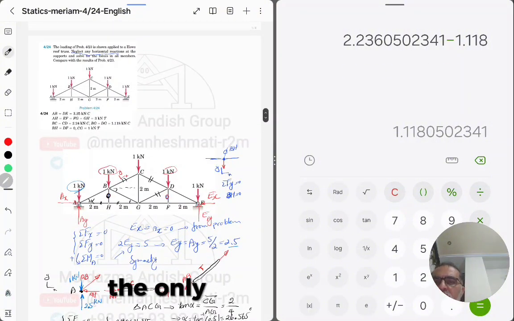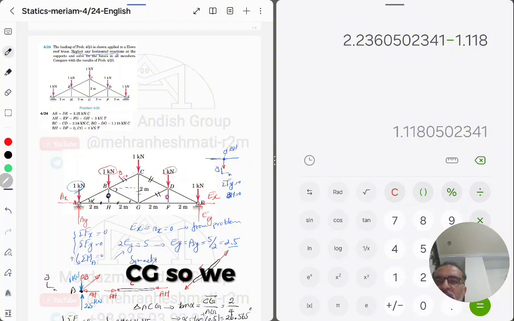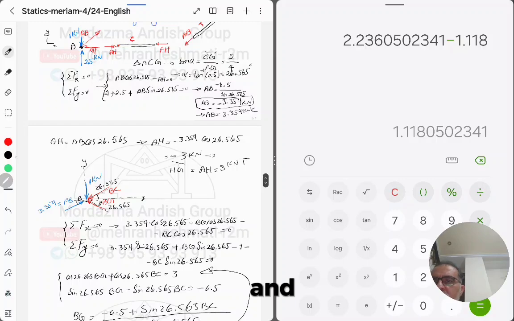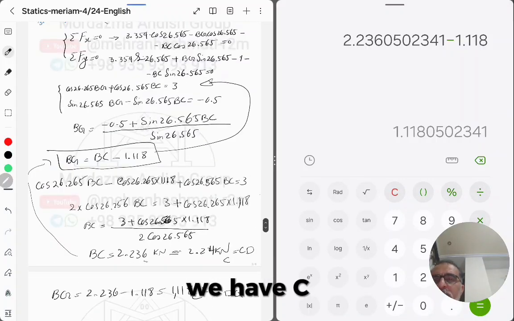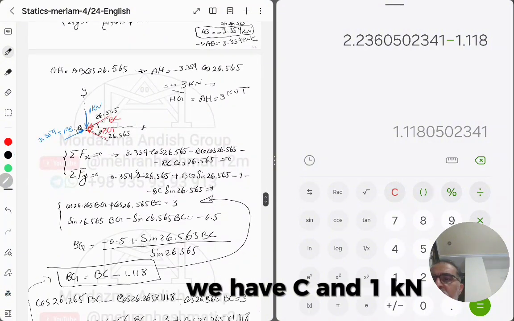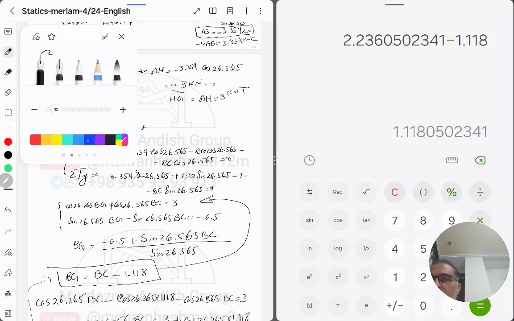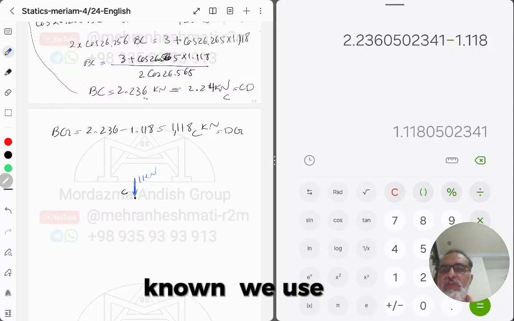So the only member that remains is CD. So we have to analyze the joint C. And for C, we have C and 1 kilonewton. 1 kilonewton here. Because it's known, we use blue color.